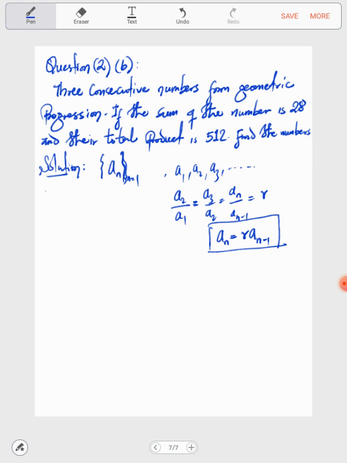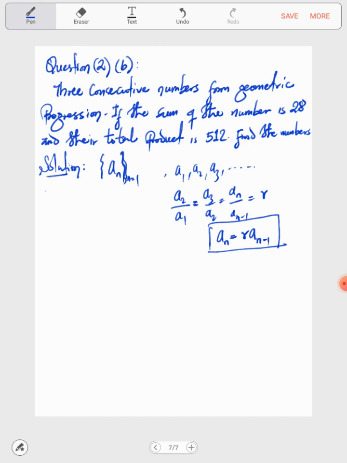So consecutiveness will depend on the kind of progression you are dealing with. If it's an arithmetic progression, then it has a common difference. If it's a geometric progression, then we're talking about a common ratio.